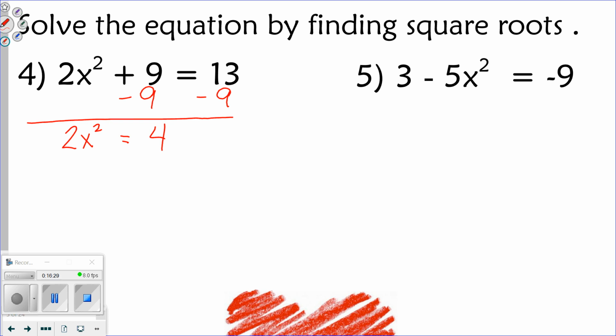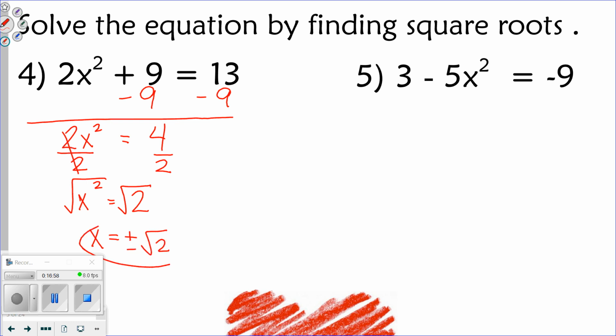My x squared's by itself. No, it's not. There's that 2 sitting in front. We got to get rid of that first. Divide by 2. So x squared equals 2. Then what? Take the square root. So x equals, can I simplify square root of 2? No. So that's just plus or minus radical 2. And there's my 2 answers.